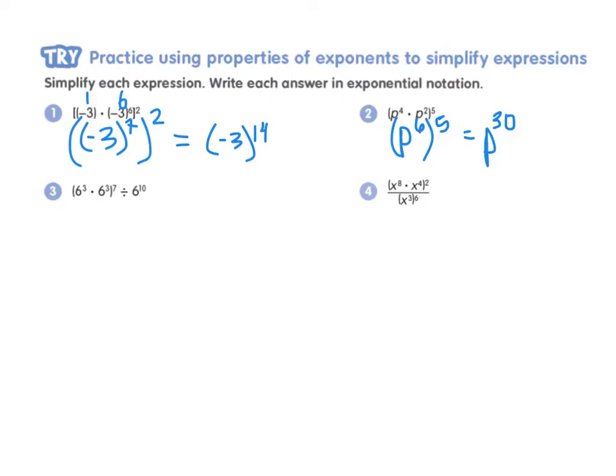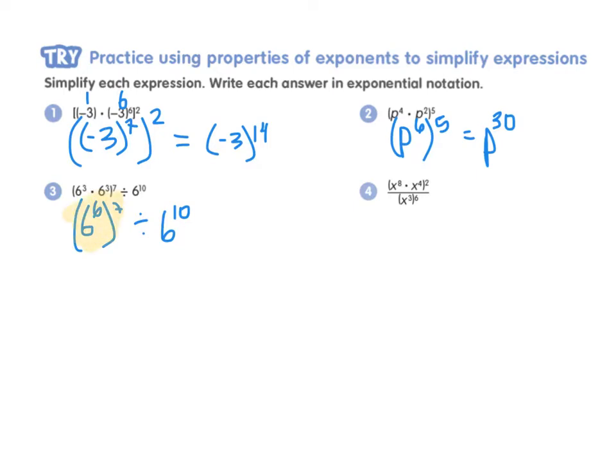All right, number 3, we have 6 to the power of 3 times 6 to the power of 3. Let's simplify that part first. If I have 3 6's and I have another 3 6's, I have 6 6's total. So this is going to be 6 to the power of 6 to the power of 7 divided by 6 to the power of 10. We're going to simplify this part here next.